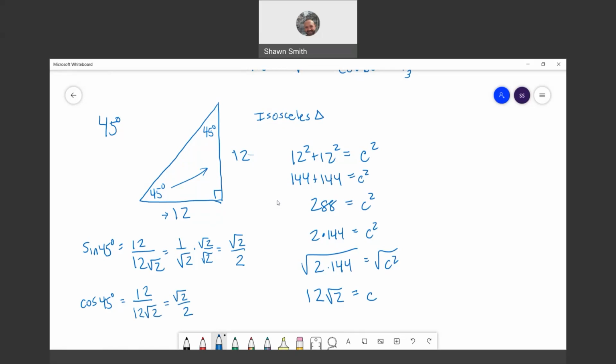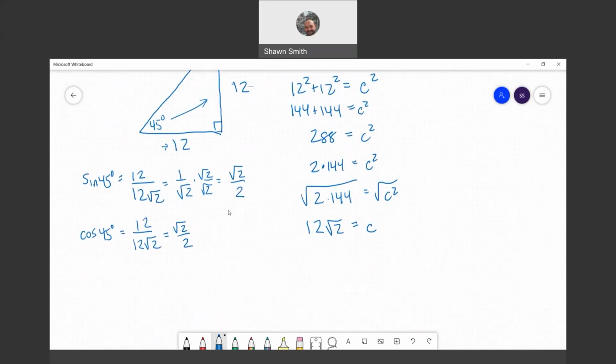And if you put that in the calculator too, you'll see that's about 0.707 something. Recognize that number. The tangent is pretty simple. Opposite over adjacent, that's 12 over 12, 1. The tangent of 45 is always 1.